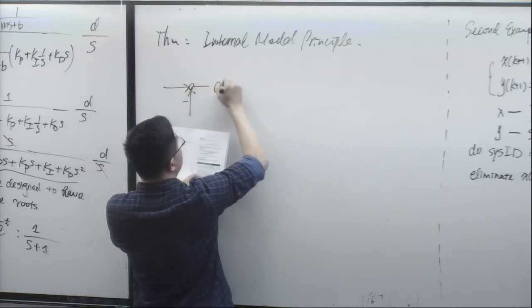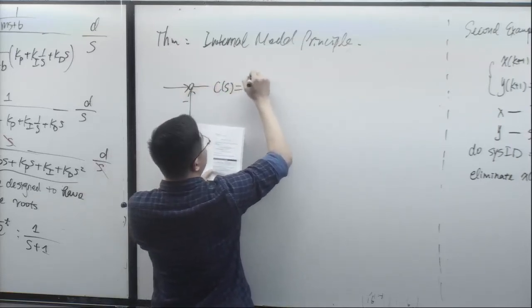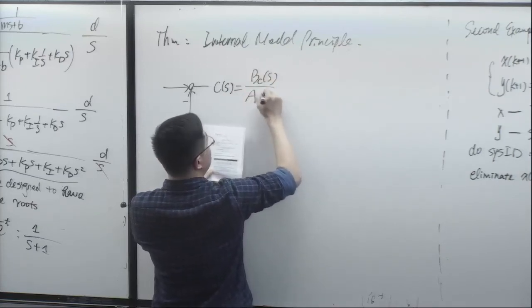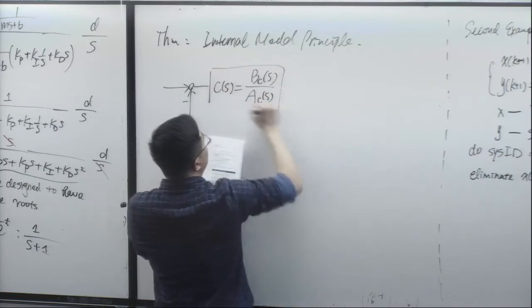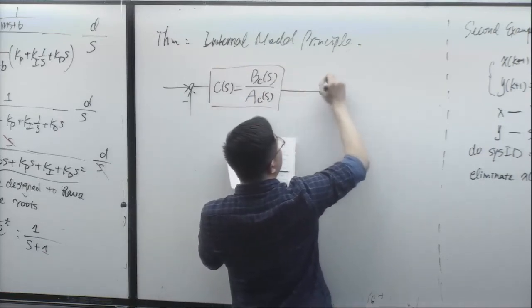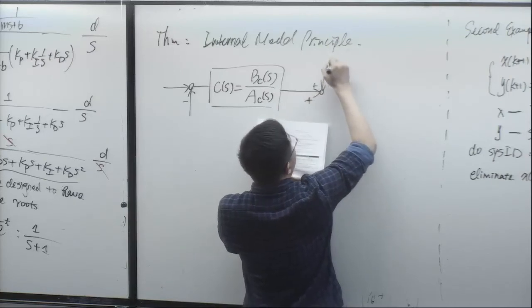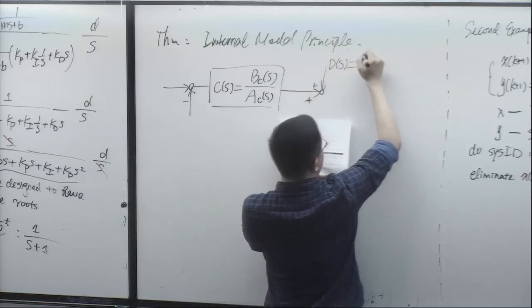The theorem says, give me a disturbance structure. I don't need to know all the parameters. But if you just tell me a little bit about it, then I will be able to help you design closed-loop controllers to reject it.